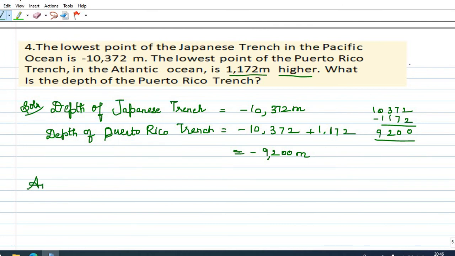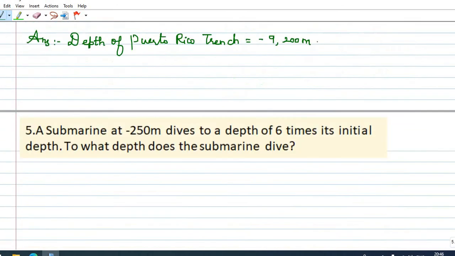Now, write the answer. Depth of Puerto Rico trench is equal to minus 9200 meter. Can you clear this, children? Shall I move on to the next one?